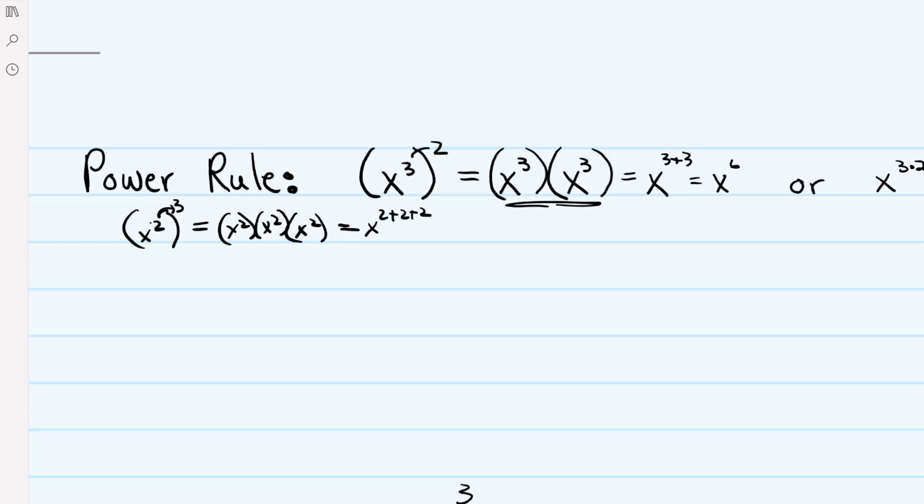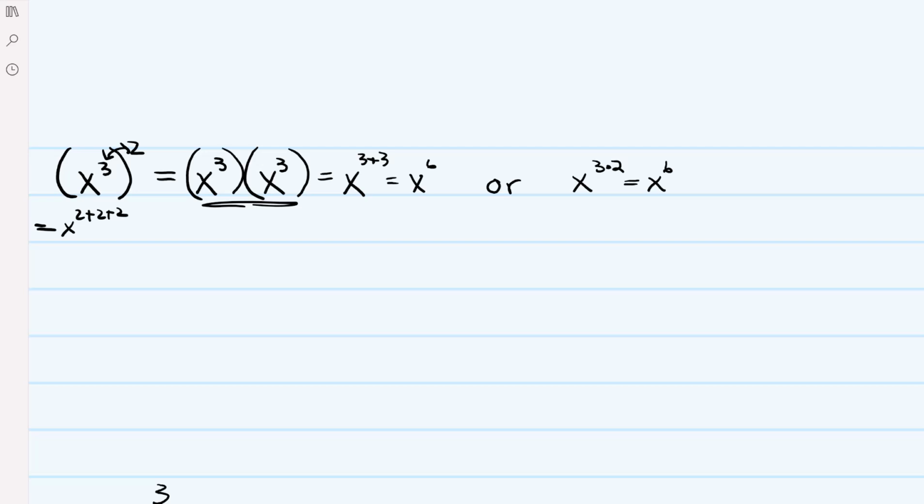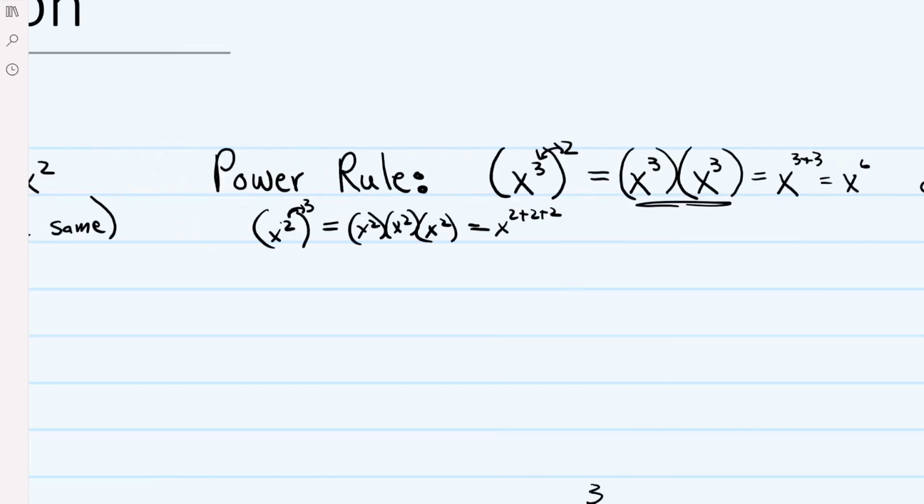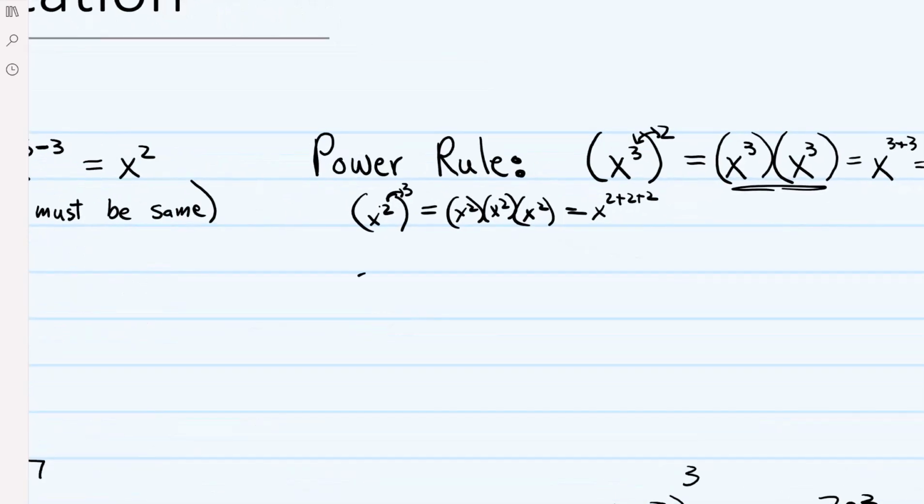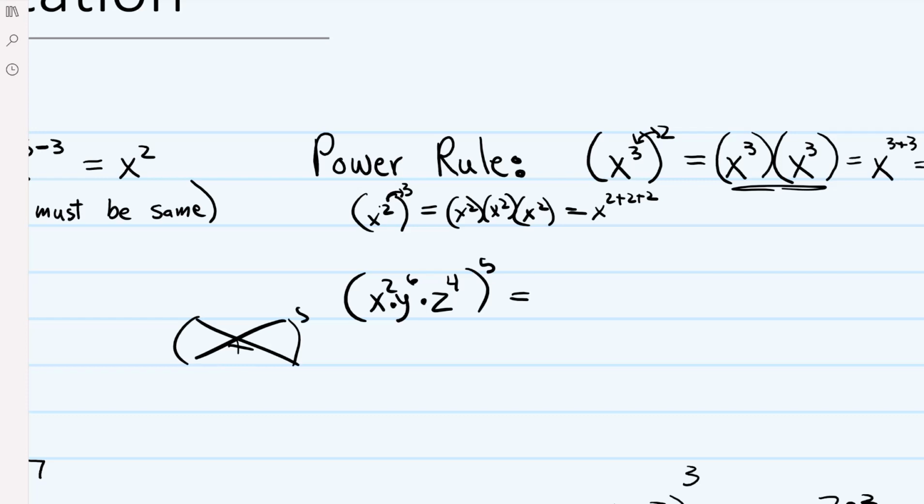But a simpler way, if they're being raised to a power, you can simply multiply, which is what I did right there. So let's say you had x squared, y to the 6th, z to the 4th, and this was all to the 5th power. Because this is all multiplication in here, if there would have been a plus sign inside to the 5th power, you would do something completely different.